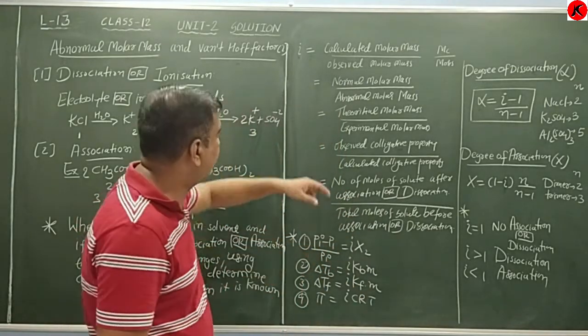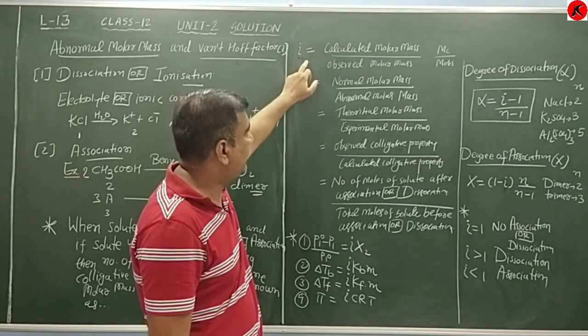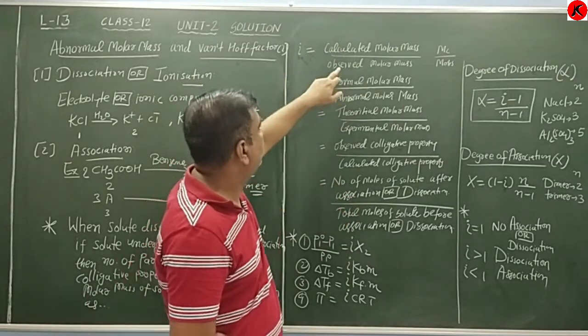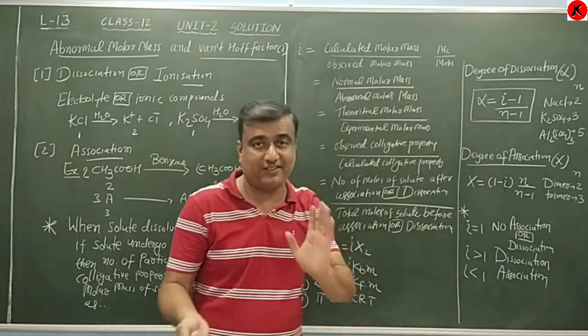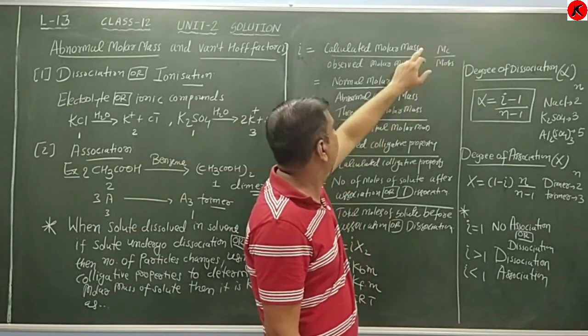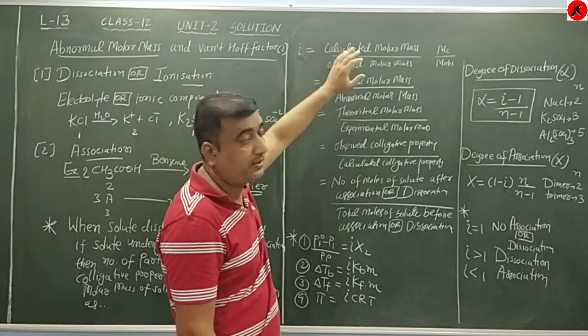In case of dissociation, i is greater than 1. In this situation, the observed molar mass will always be less compared to the calculated molar mass, because i is greater than 1, so this value will be smaller.